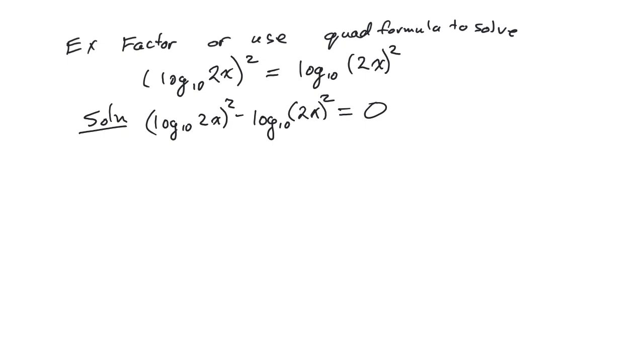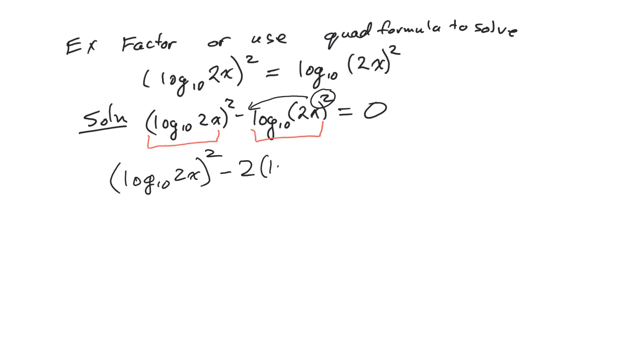Using our rules for logs, there's actually a pattern in here, and you'll notice you have log base 10 of 2x and log base 10 of 2x squared. So we can drop the exponent on this one here and put it in the front of our number. So you get log base 10 of 2x all squared minus 2 times log of 2x, and that's it.